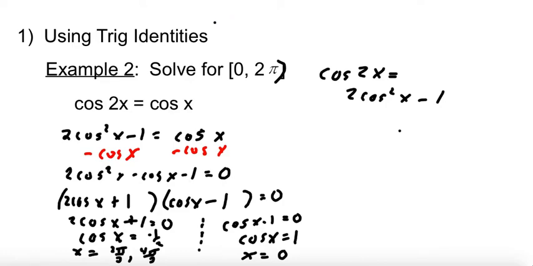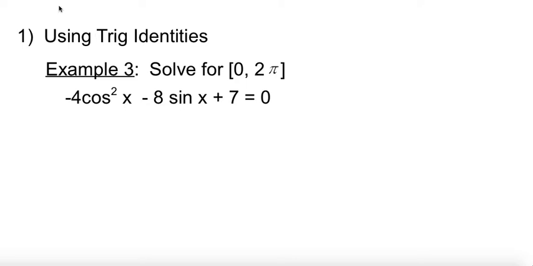So let's try another one of these. Now this one is a little bit different. This one here has negative 4 cosine squared x minus 8 sine x plus 7 equals 0. So we have a quadratic, but they're not in terms of the same trig function.